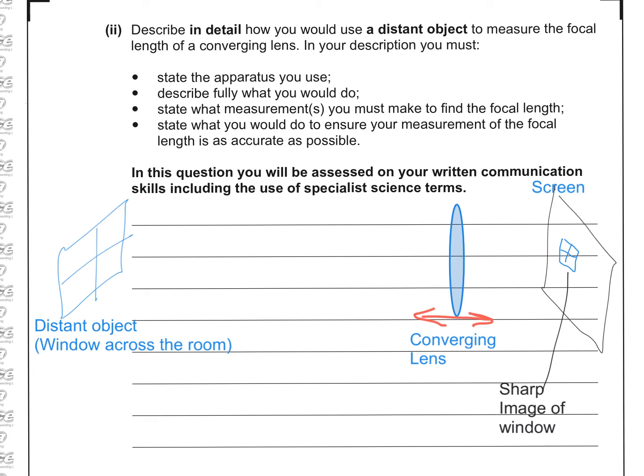The best thing is a window across the room. We need a screen on this side of the room up against the wall or whatever. And we need our converging lens. So what we do is we move the converging lens until we get a sharp image. Then we bring in a meter stick and measure. In particular, we want to measure this distance, the distance from that image to that lens.